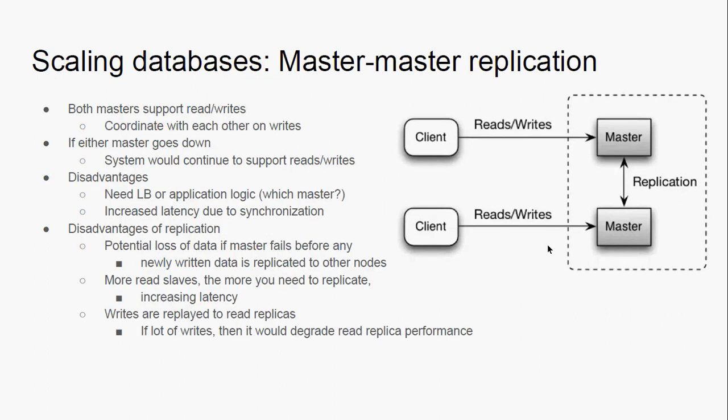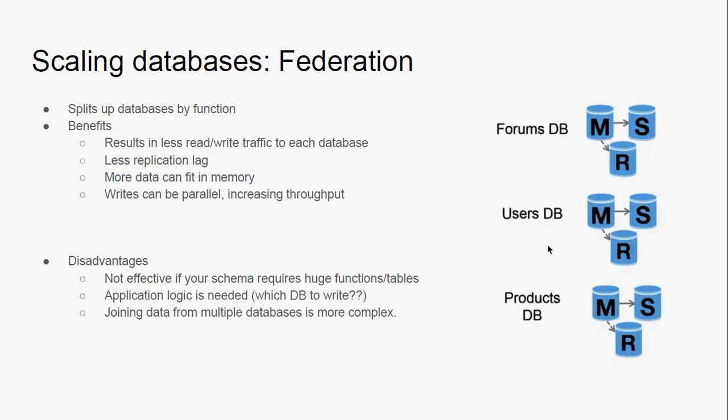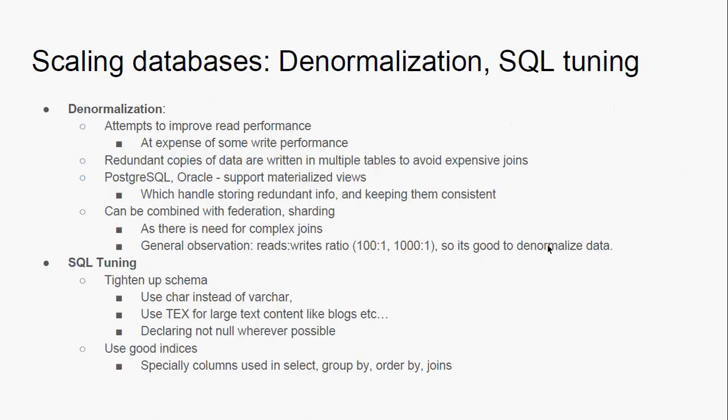Yeah. And one other question is, if I am doing full denormalization, can I achieve the same performance we can get from NoSQL? So it depends on how much data, because denormalization comes with some costs.